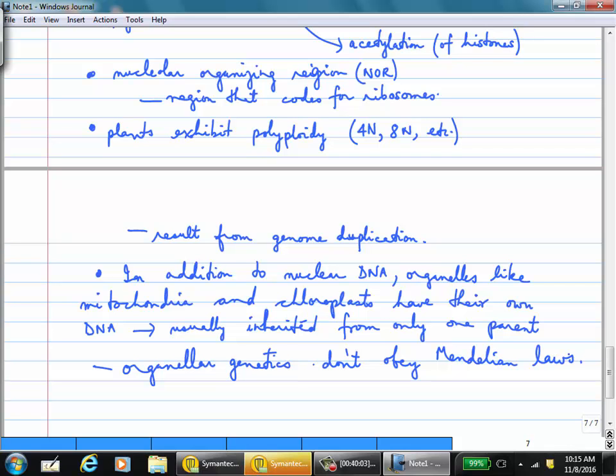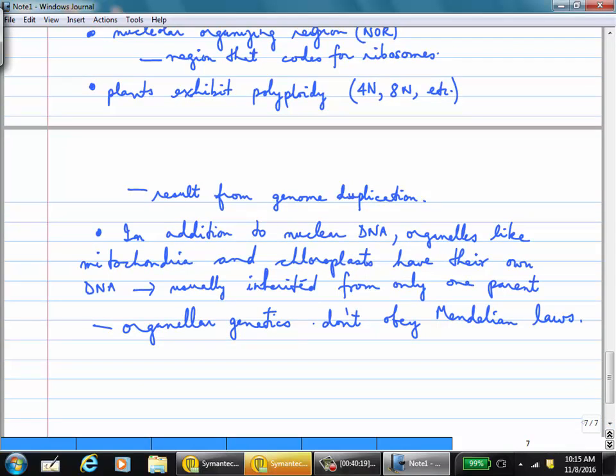Like Gregor Mendel in the early 1900s, he did experiments involving pea plants and was breeding them. But for traits on these organelles, that's not going to work. All right, any questions?